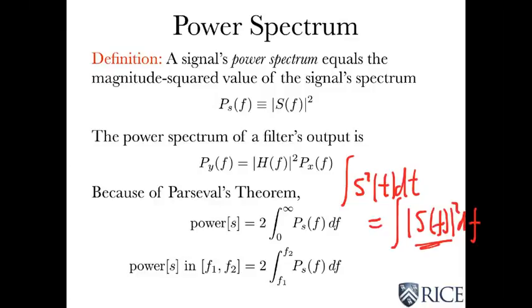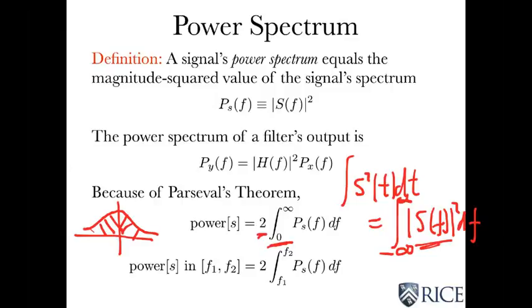And because we now know that power spectra are even, the integral from minus infinity to infinity is just twice the integral from 0 to infinity. Because it's even, this integral is going to be the same as that integral. So it's a little bit simpler for calculational purposes. Just integrate over the positive frequency axis and multiply the answer by 2.